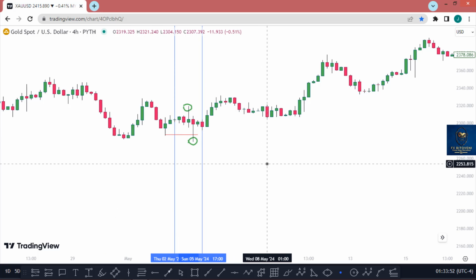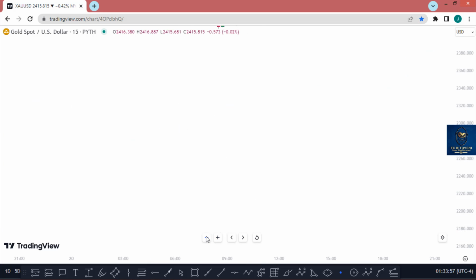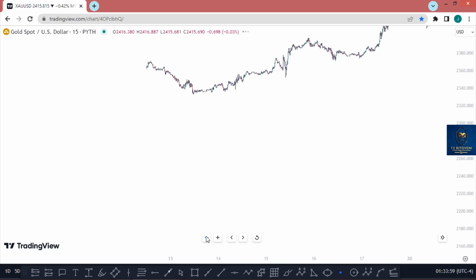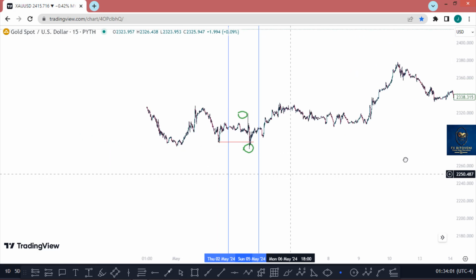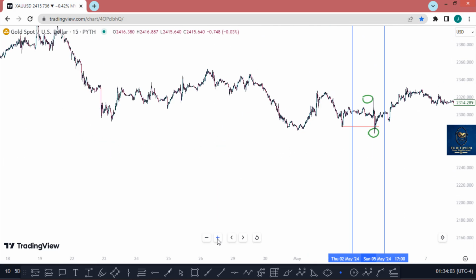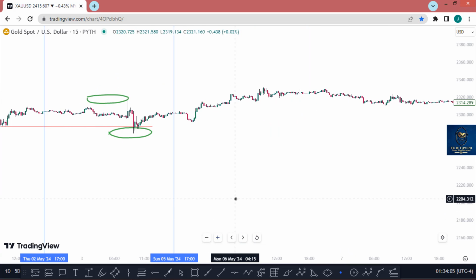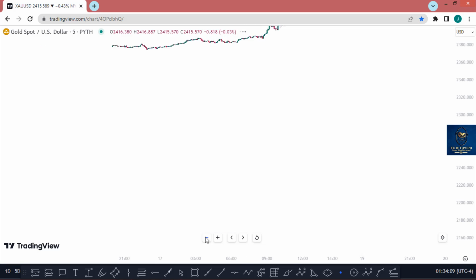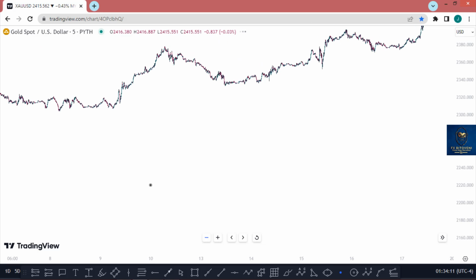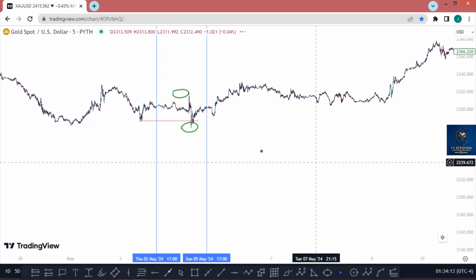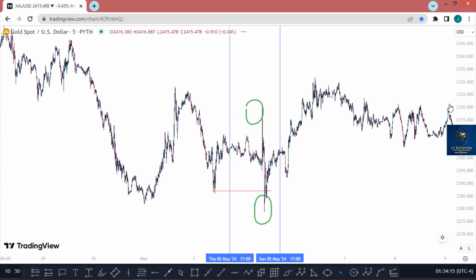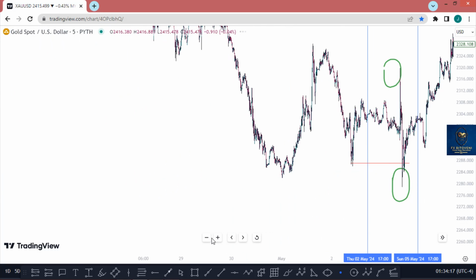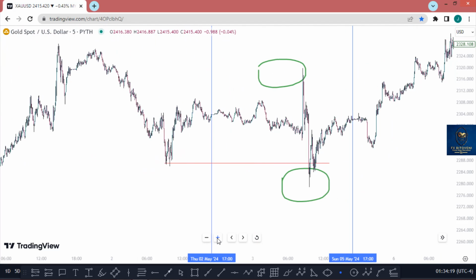So here we are on a 15 minute when we are checking, I guess a 5 minute, and we are able to find our zone here.